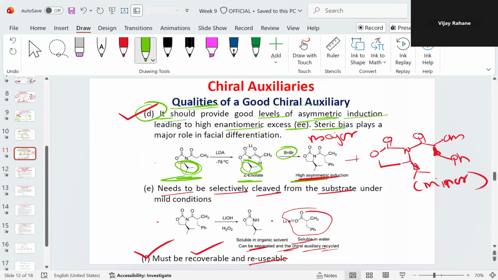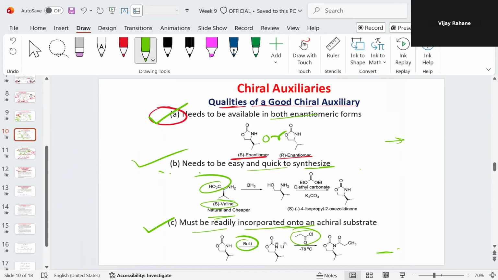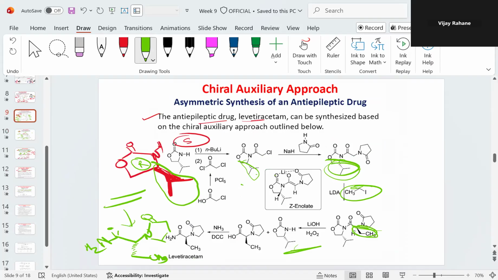In our reaction, we have used the chiral auxiliary, and because of the steric hindrance present in the chiral auxiliary part, we are getting selectively one product in which the stereochemistry is fixed. The other product formed here is the minor product, which we haven't mentioned here.